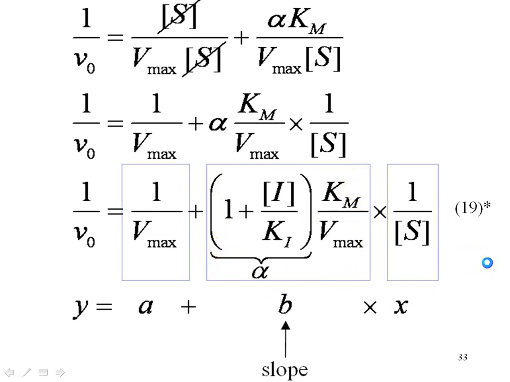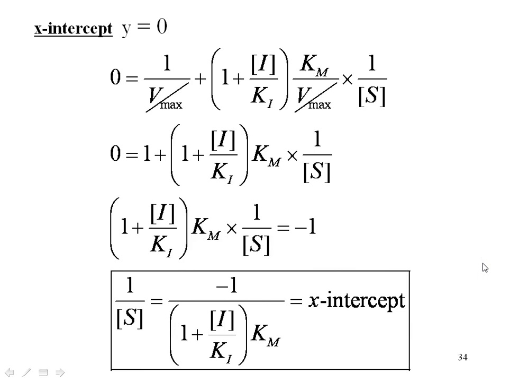So to now find the x-intercept, you collapse y to 0, because this is where the line will intersect the x-axis. So you put by your own hand y equals 0, and you notice immediately that there is a common factor here that you can take out, the Vmax, and you're left with that. With some rearrangement, you can show in two lines that the x-intercept is nothing but minus 1 over the apparent Km.